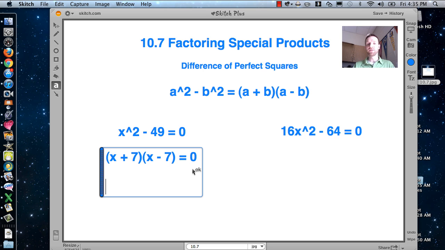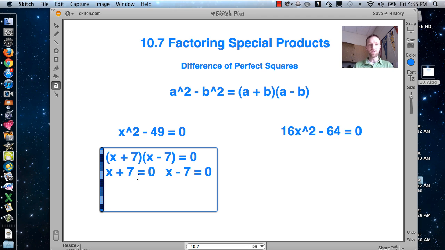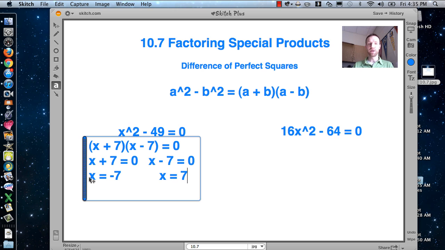Since this is asking us to solve the equation, we set each of these parentheses equal to 0: x plus 7 equals 0 and x minus 7 equals 0, and then you solve each of those mini equations. This x has a value of negative 7, and this one over here has a value of x equaling positive 7. So negative 7 and positive 7 are the two values that can go into this equation to make it true. That one works pretty well.